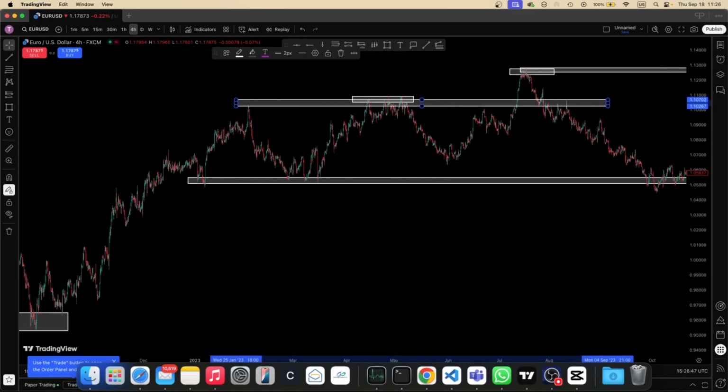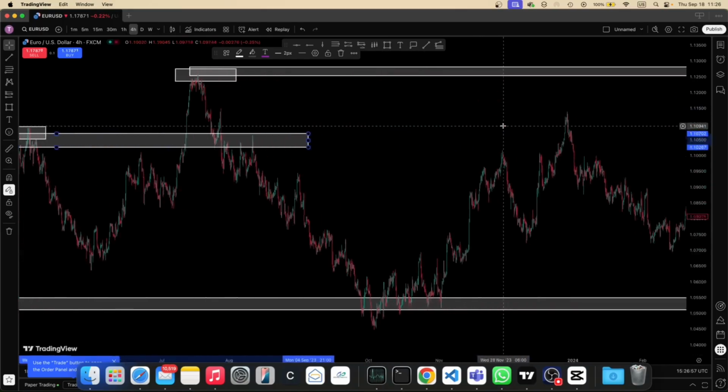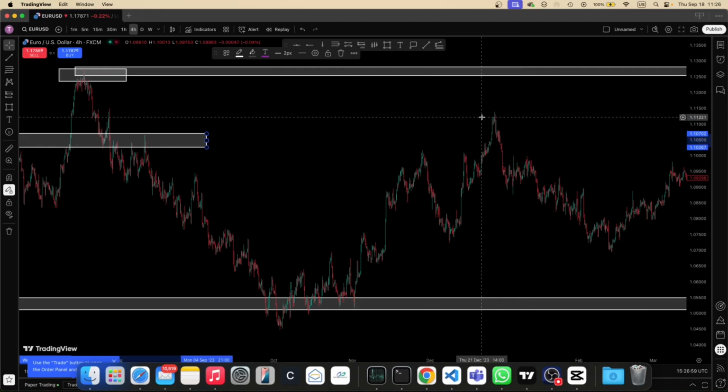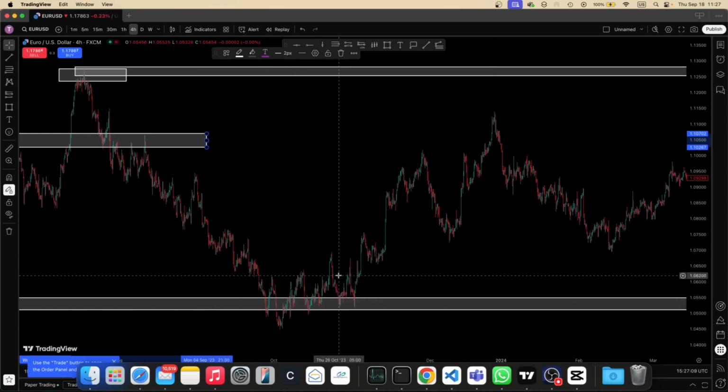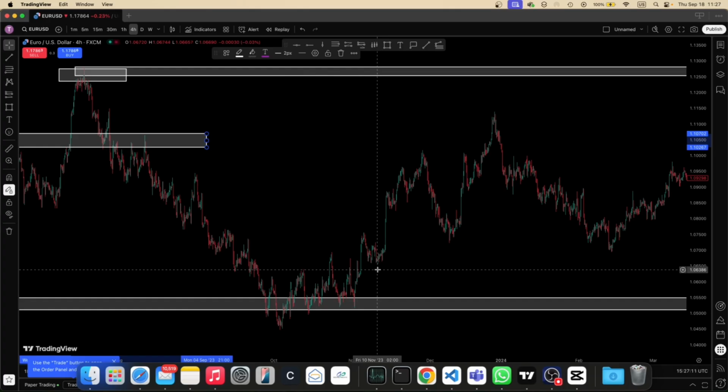And look, the more touches there are, the better, because that's where a lot of struggle between buyers and sellers is happening. If you just look at one point and price didn't reach there before, that's not a proper resistance or support. This is a proper place where you can see the struggle between buyers and sellers.